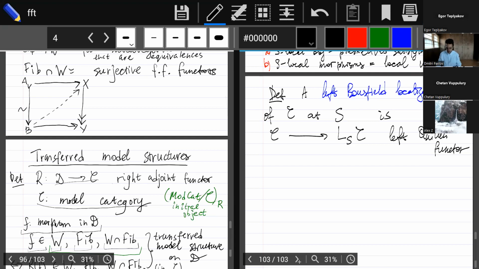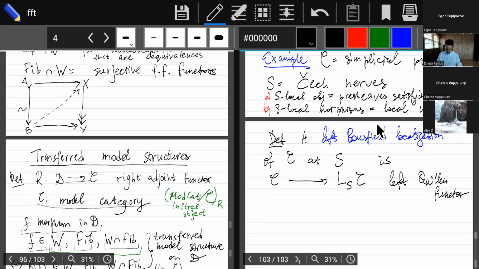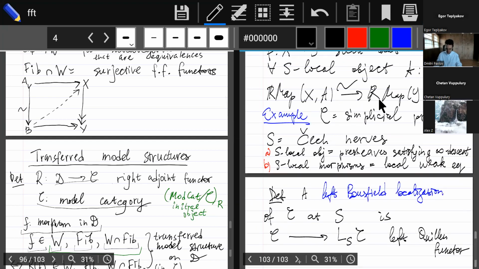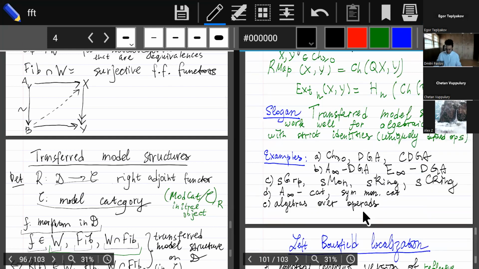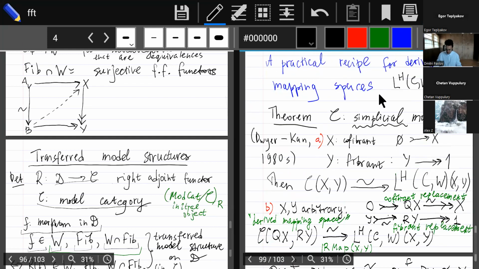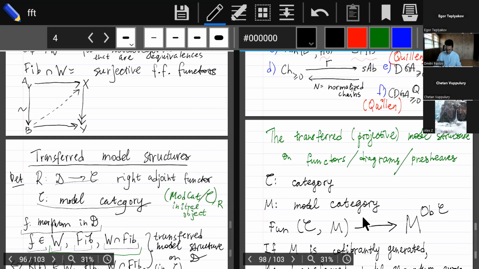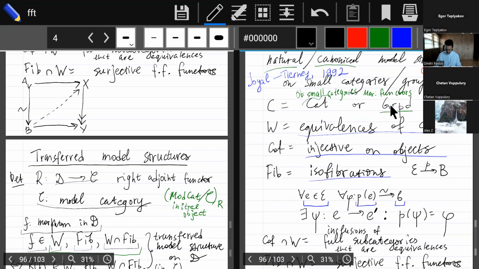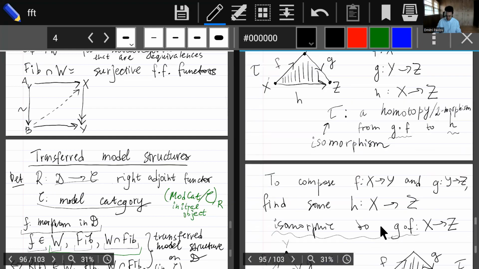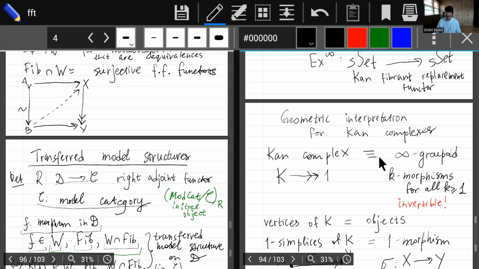All right, so today I wanted to finally move on to talking about some of the model structures we will need for the actual definition of a functorial field theory. Let's recall that last time we did mention transfer model structures.